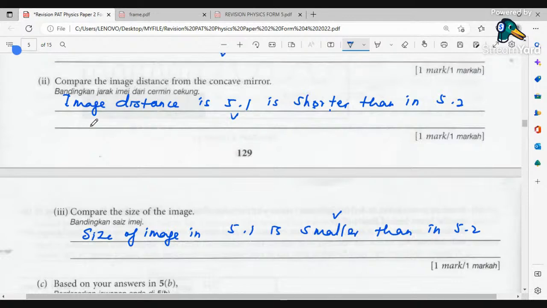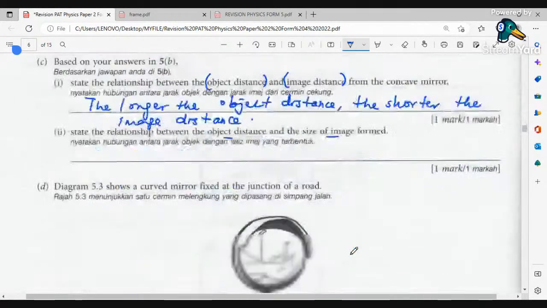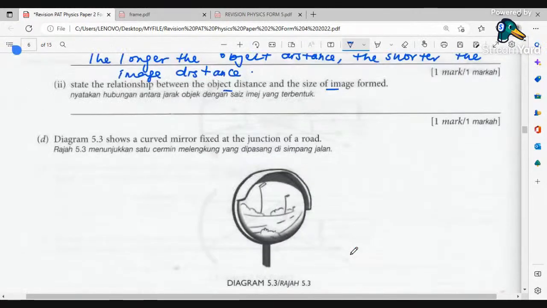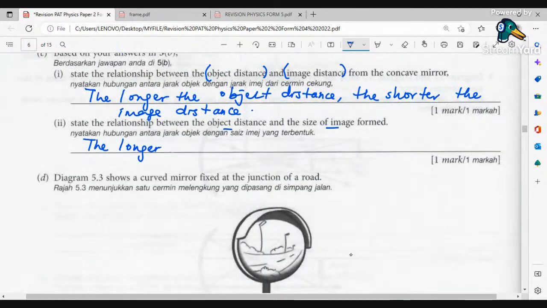So, the longer the object distance, the smaller the size of image.